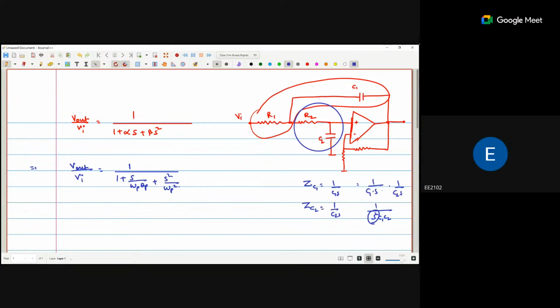Comparing these two equations, the value of omega p square is 1 upon beta. So omega p is nothing but 1 upon root beta. This is the formula for calculating the cutoff frequency.